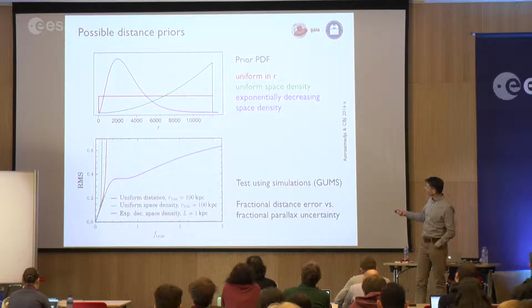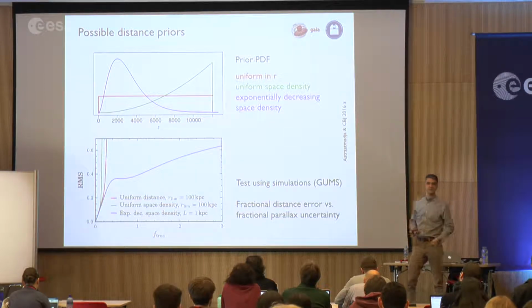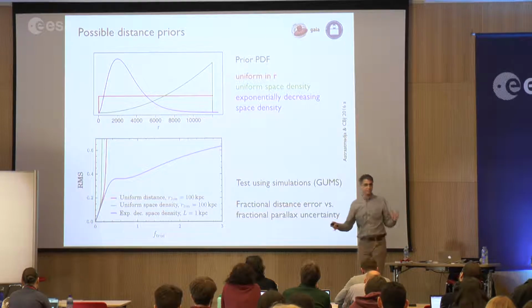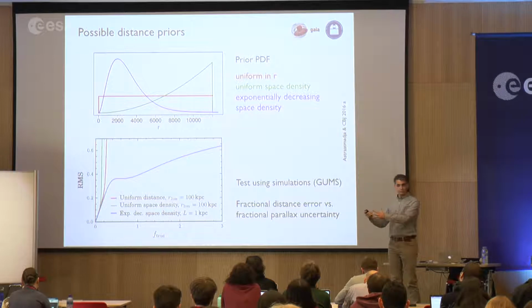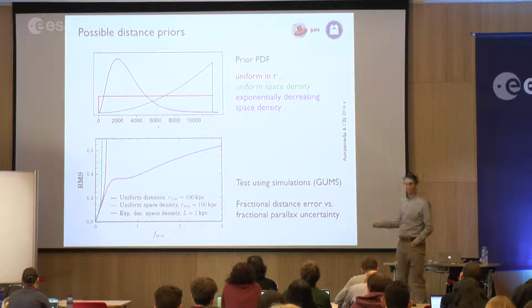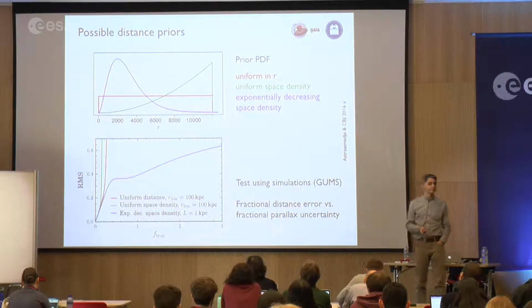So what I'm plotting, in the same colors, for the 3 posteriors corresponding to the 3 priors, is the RMS on the distance estimates. It's the RMS over a large sample of stars, okay? So root mean squared difference between the predicted and the true distance, as a function of the fractional parallax error, okay?